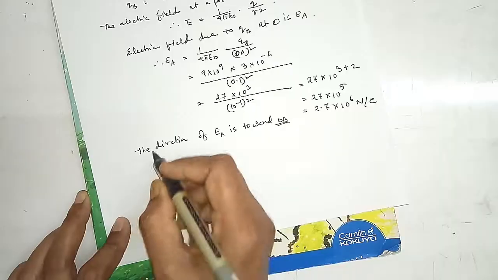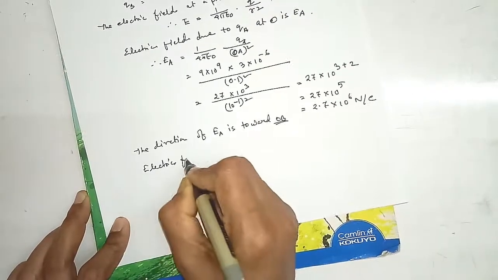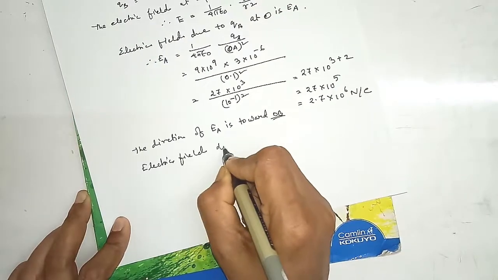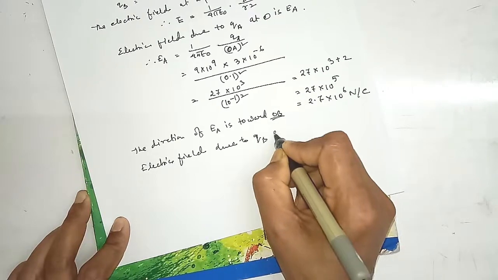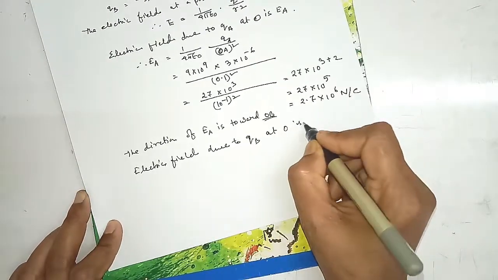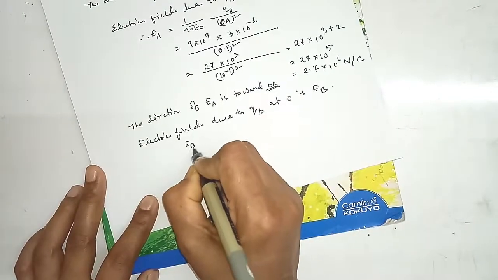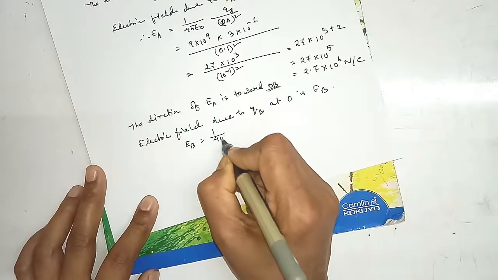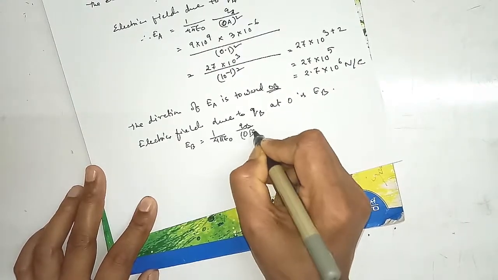Okay, now electric field due to QB at O is EB. So it is also EB equal to 1 by 4 pi epsilon naught into QB by OB square.